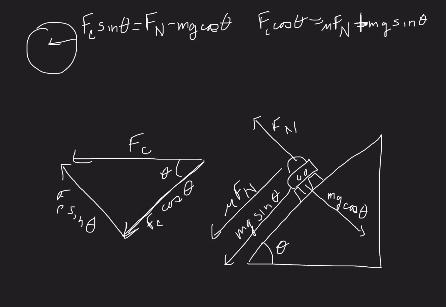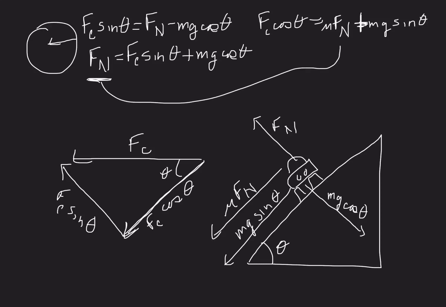This right here is equal to this plus this. Okay, so Fn should equal Fc sine of theta plus mg cosine theta. And we're going to take this Fn and plug it in for that Fn right there.